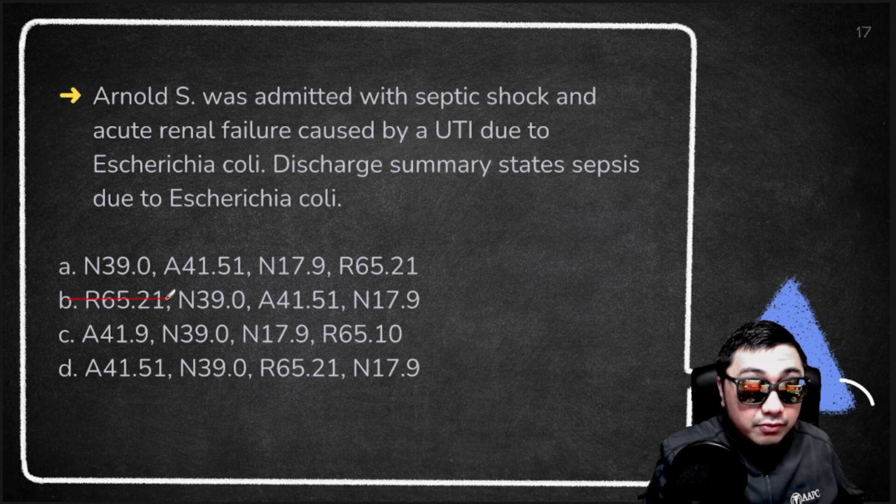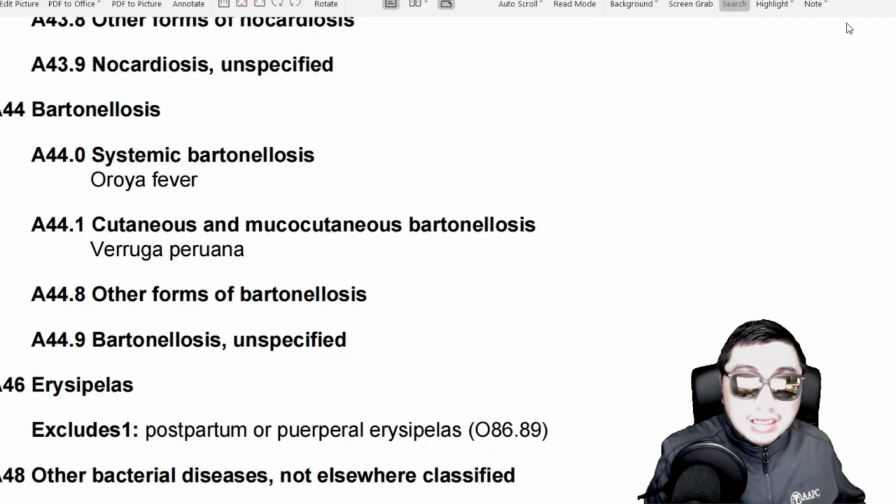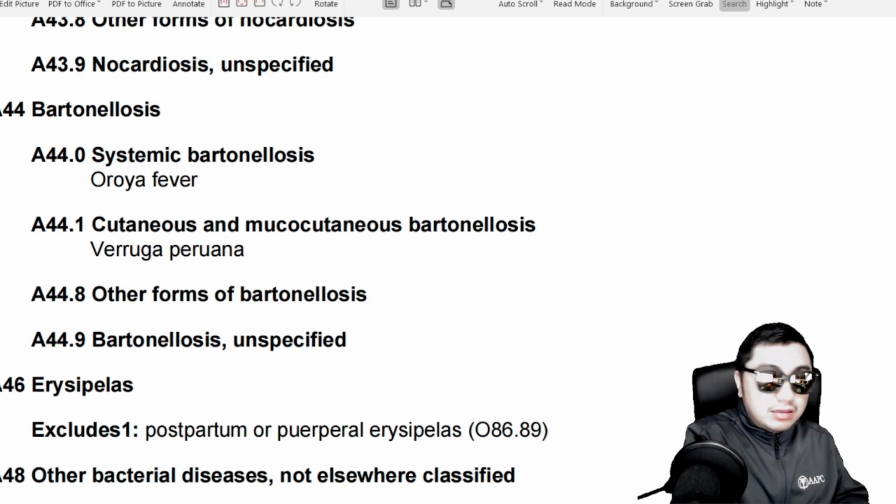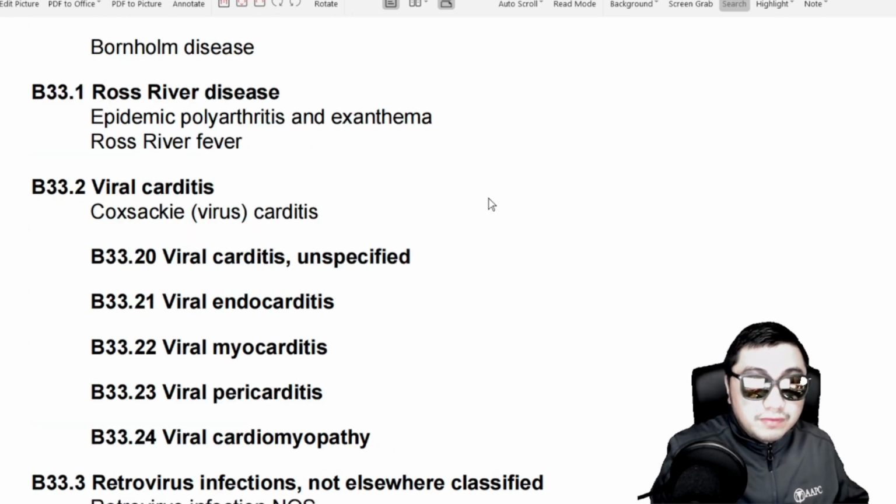Going back, we've eliminated letter B because R65.21 is coded first, and yet you have the causal organism. C as well is not coded because your E. coli is mentioned. So we will now be choosing between these two. R65.21 is mentioned here at the last portion, although your N17.9 is your associated organ failure.